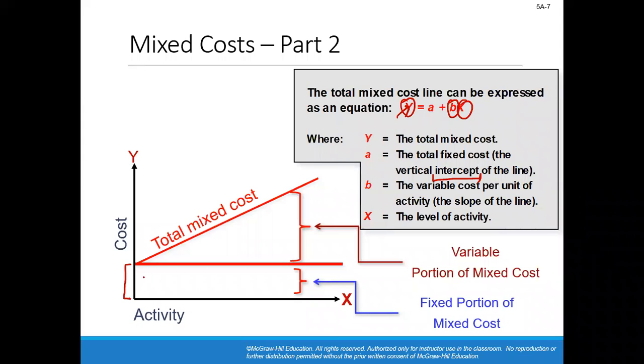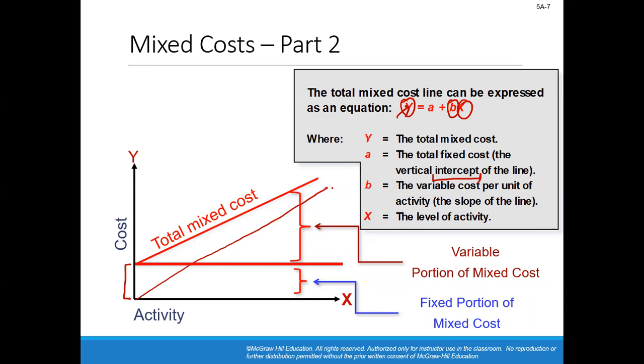Okay. So by summing up, actually the variable cost, if you want to find out precisely, it starts from here. So, if you want to see the variable cost separately, it should start from here.